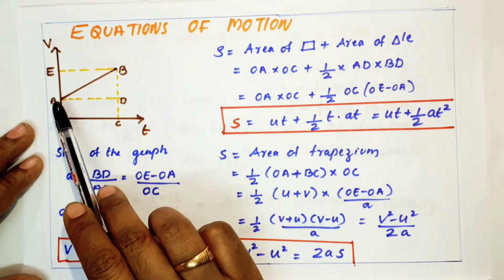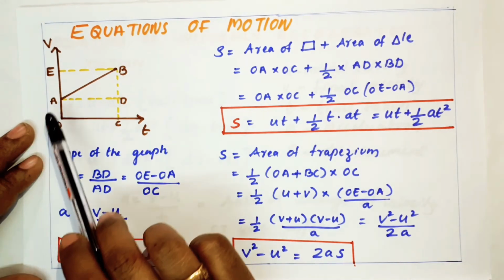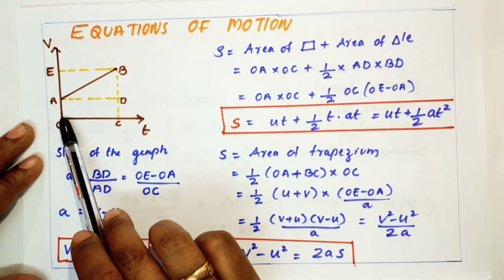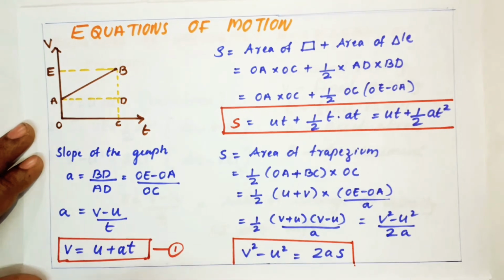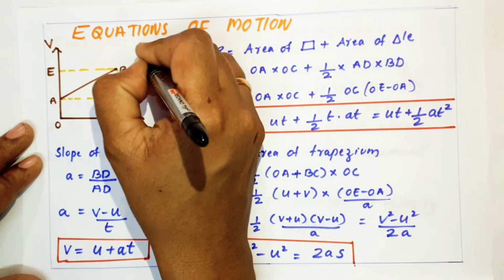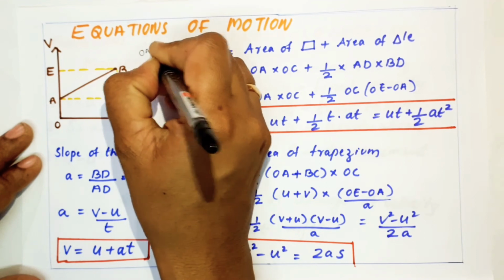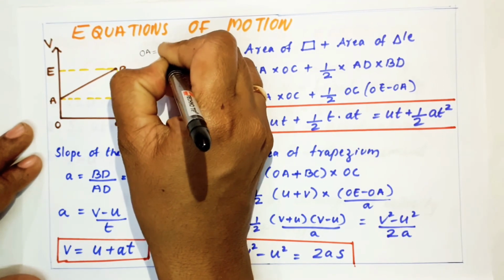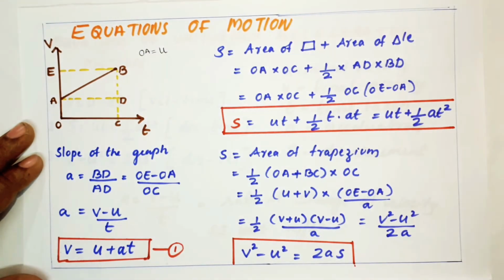At the initial point, the velocity is OA. So OA is nothing but the initial velocity, which you will mark with the letter U.